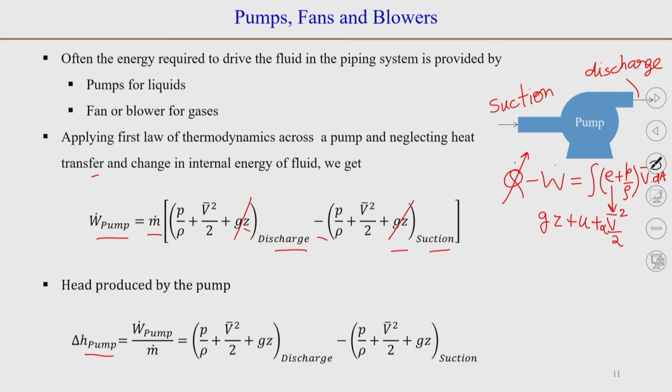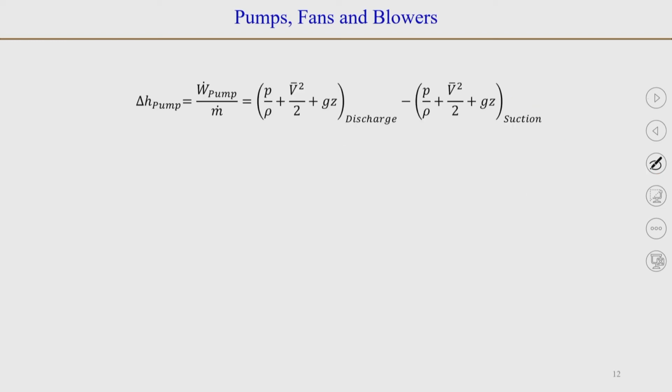So, head is basically in meter squared per second squared. So, we can rearrange this as W dot pump, or work done by pump, divided by m dot, which is mass flow rate. Okay. So, in this equation, because the elevations are the same as we just discussed, and if inlet and outlet diameters are the same, then these terms will cancel out.